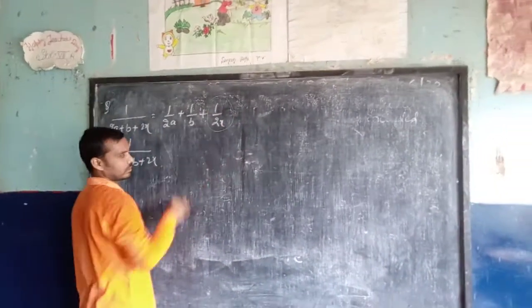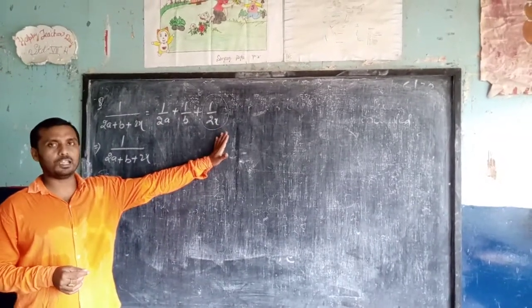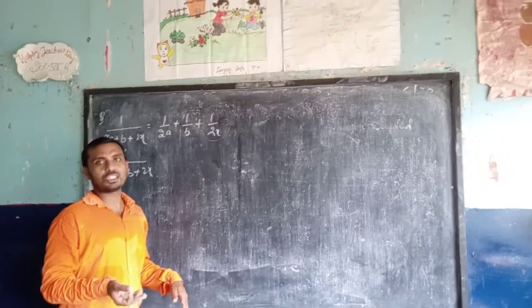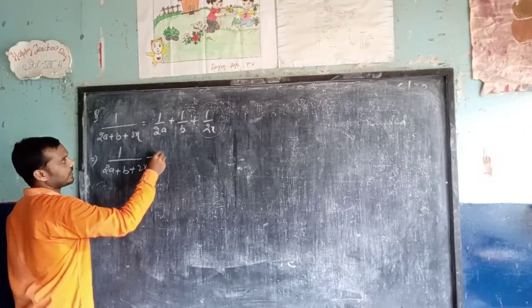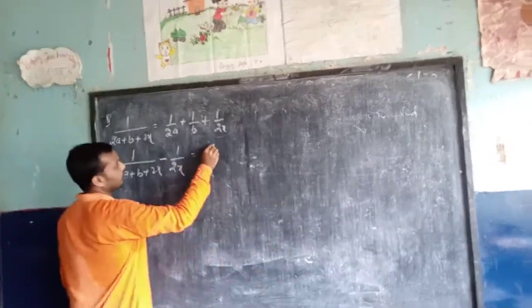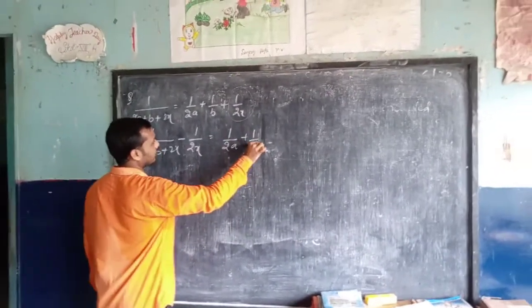Let us interchange the position of this 1 by 2x from the LHS to the RHS. Here it's positive, when you bring it to the LHS it will become negative, and here you will be left with 1 by 2a plus 1 by b.